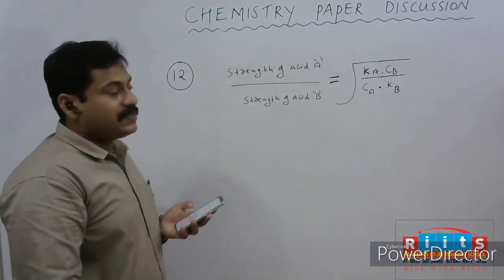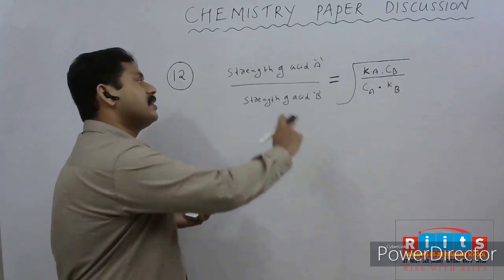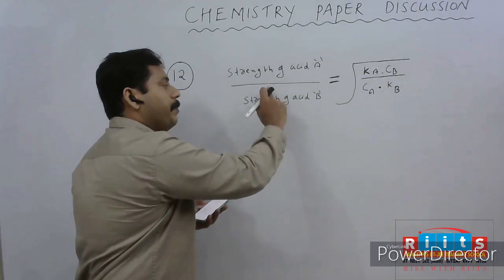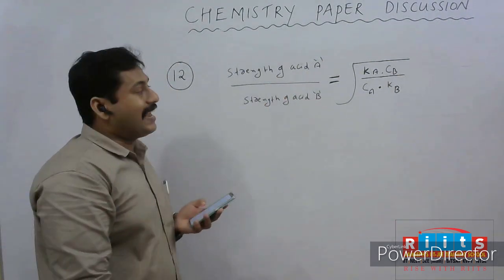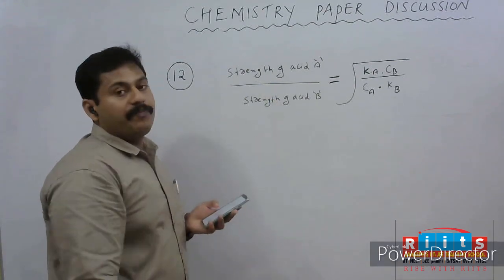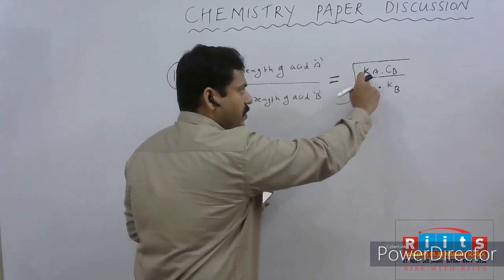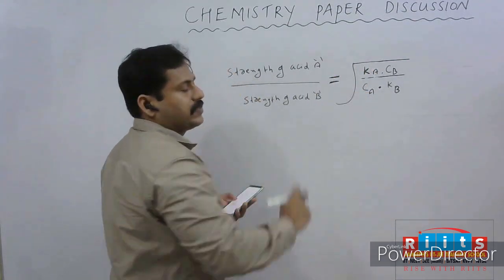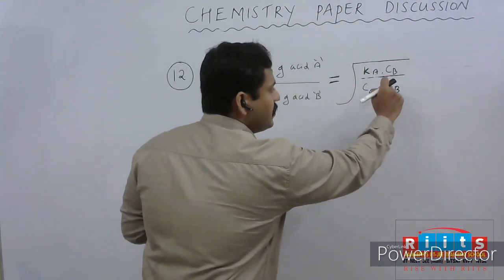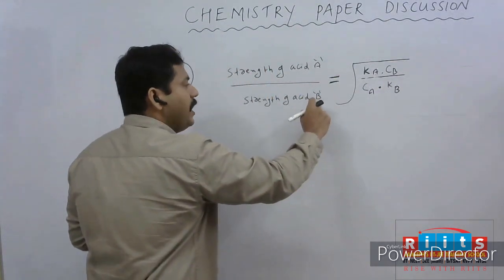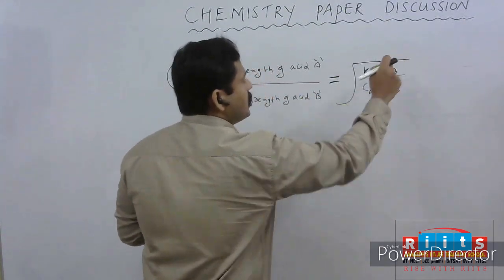They are asking for strength comparison. Strength of acid A divided by strength of acid B will be exactly equal to the square root of Ka into C of A, the dissociation constant of A divided by its concentration, into Kb, the dissociation constant of acid B, and the concentration of B.